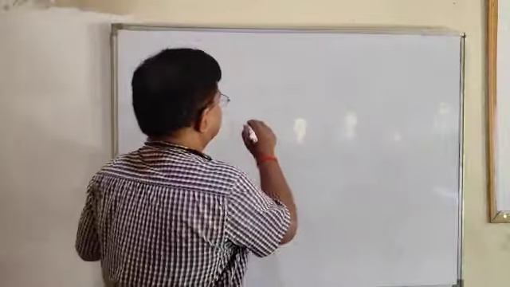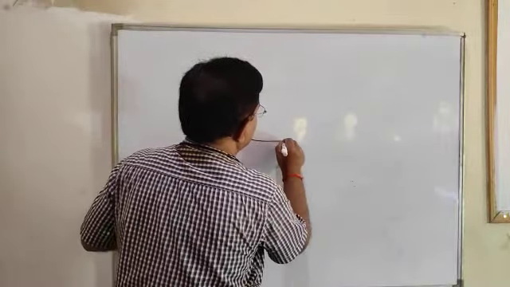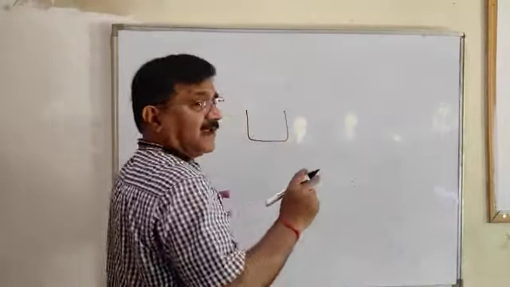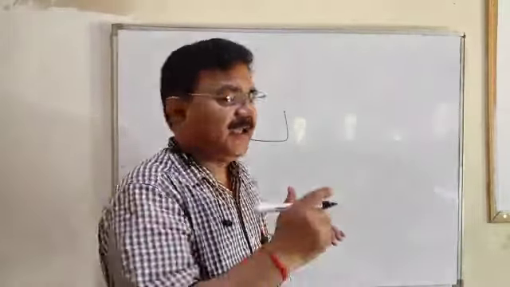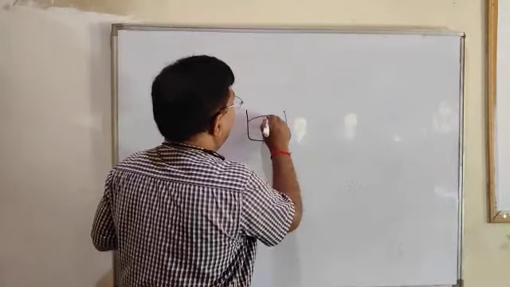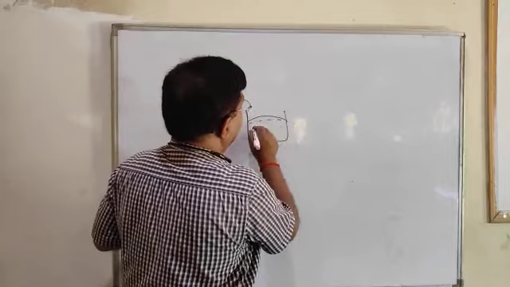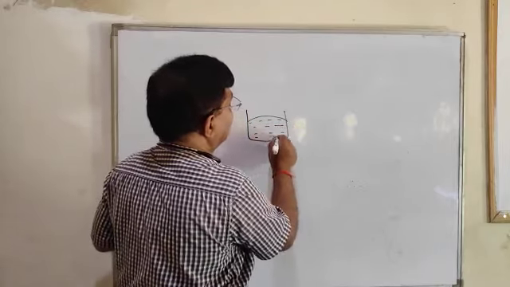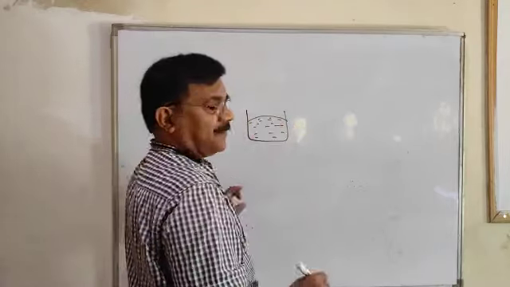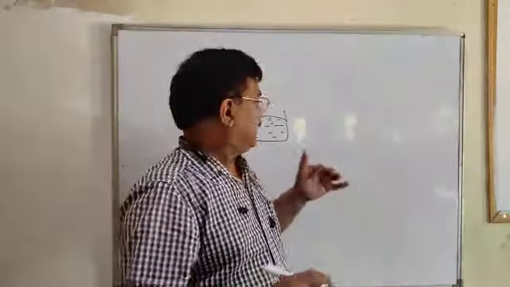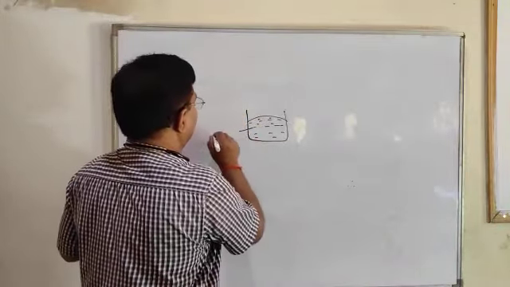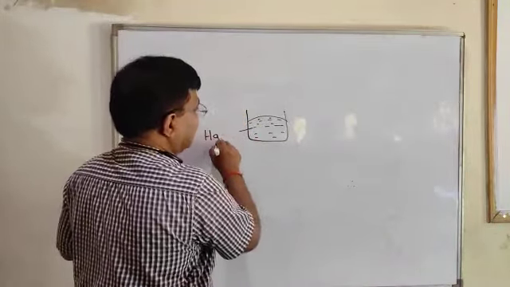Take a beaker, and in the beaker keep mercury. The level of the mercury will be like this. In higher classes you will study this. We will keep mercury in this beaker, Hg.